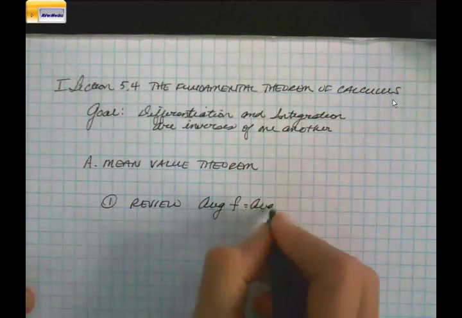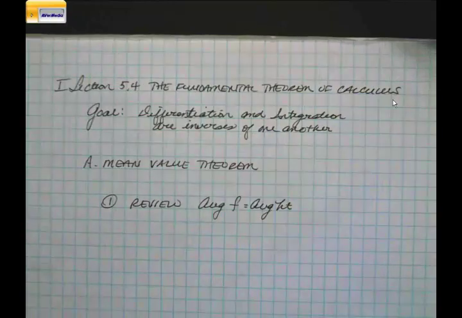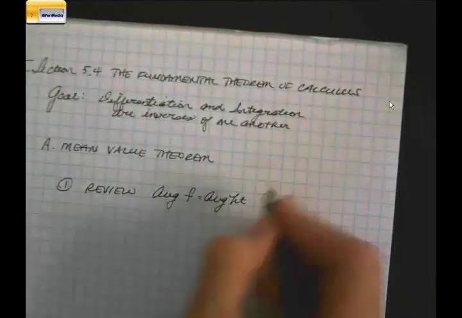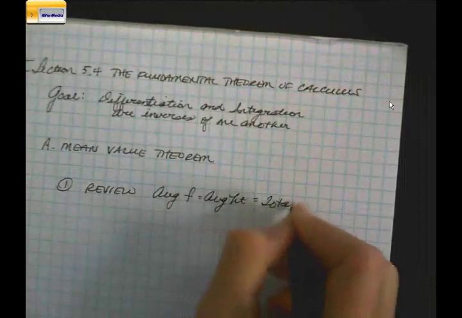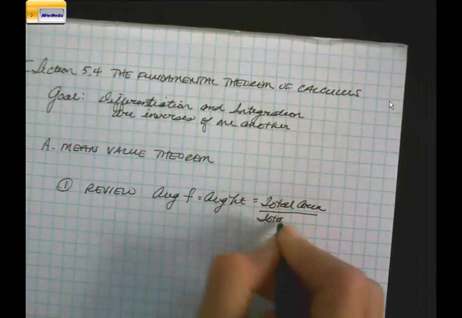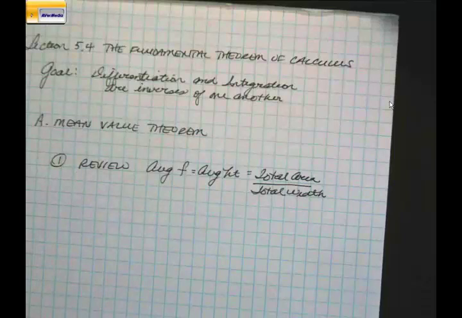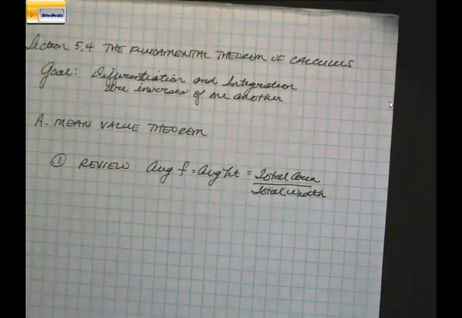So this was really the average vertical height of the function over some set interval. And so it equaled the total area under the curve divided by the total width, or the interval length for which you were integrating. So, height is area divided by width, which is exactly what we're doing.